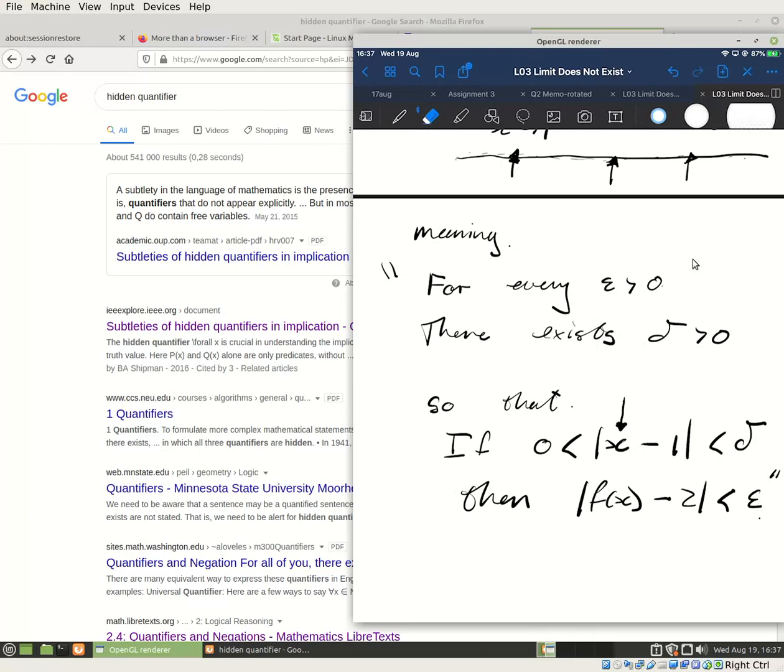It should actually be, and this is a quirk of the human language of English, that this symbol x is not quantified. And this phenomenon actually has a name. It is what is called a hidden quantifier. So this x that we have here is actually quantified, but it is not explicitly stated exactly what the quantifier is.